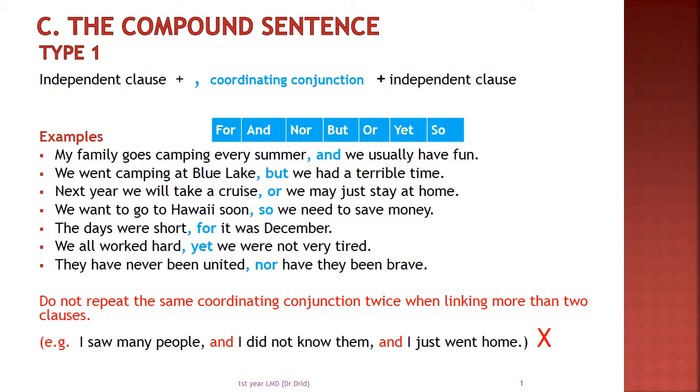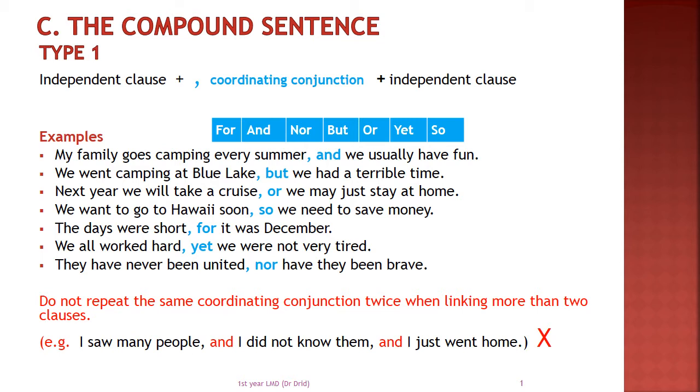Or expresses alternatives, the first choice, the second choice. We want to go to Hawaii soon, so we need to save money. The meaning of so is a result. The second clause is the result of the first one.